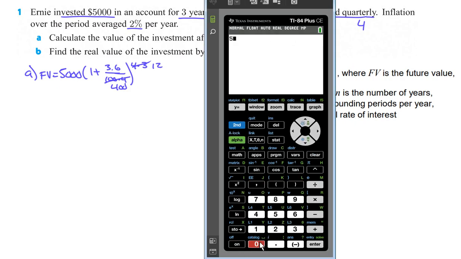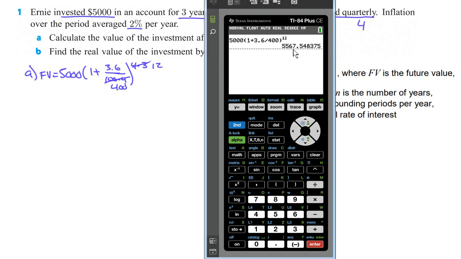So we got 5,000 times 1 plus 3.6 divided by 100. Oops, not by 100, but divided by 400. All to the 12th power.